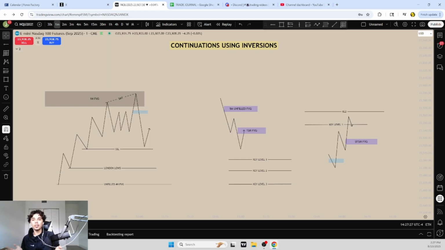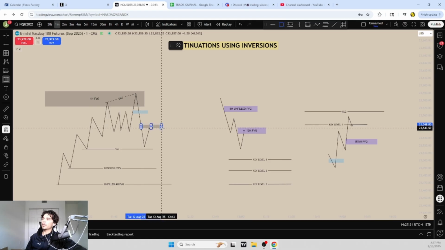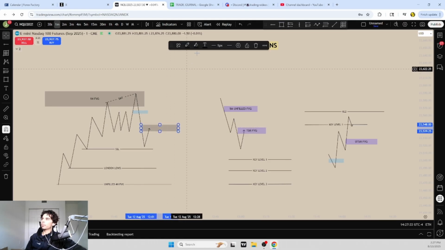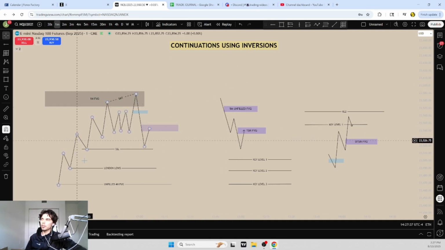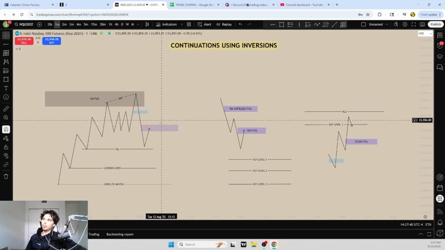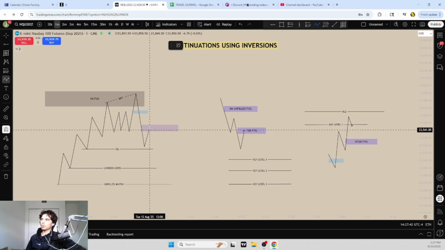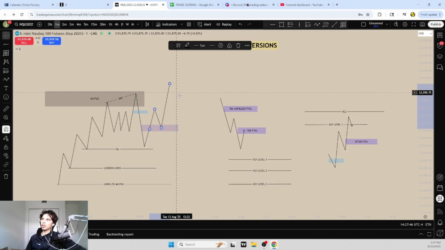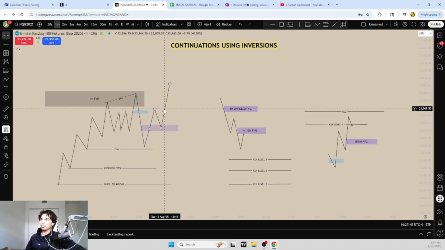Wait for a condition to open up, okay? So let's say we have a 5-minute that opens up in this scenario, and price trades back into that 5-minute. Well, we're not just going to enter strictly off the 5-minute tap, right? Because price can easily just go like this, run through it, and then maybe even continue higher, right? Because we never know what price is going to do.